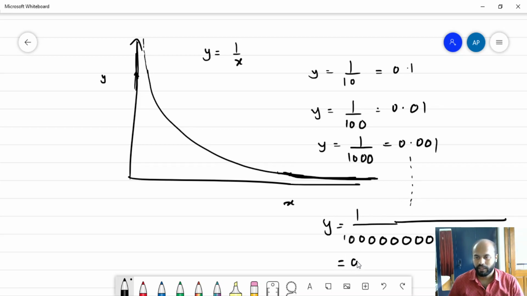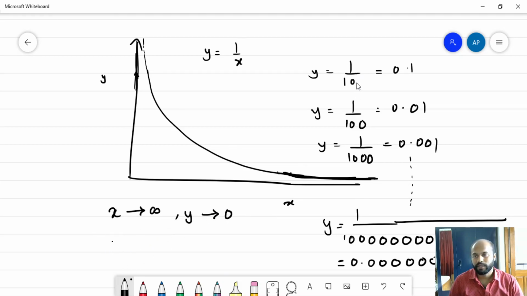Then you can imagine the value that we are going to get is very small, which is almost equal to 0. And that is why we say that when x tends to infinity, it doesn't become infinity because we don't know what infinity is. So when x tends to infinity, y tends to 0.